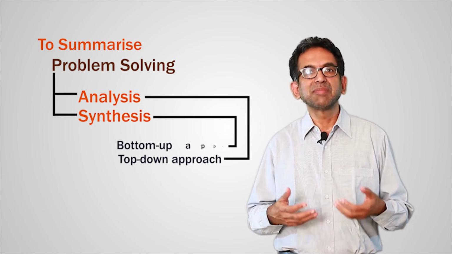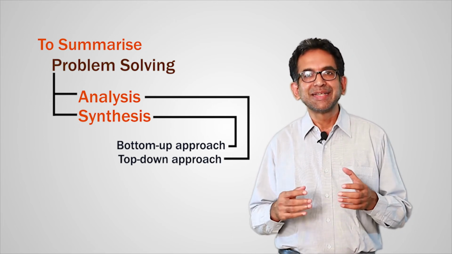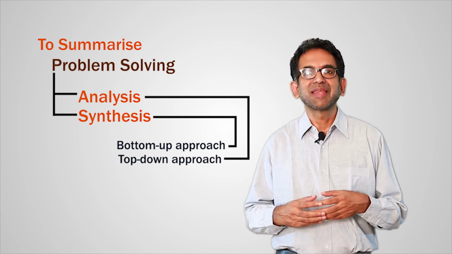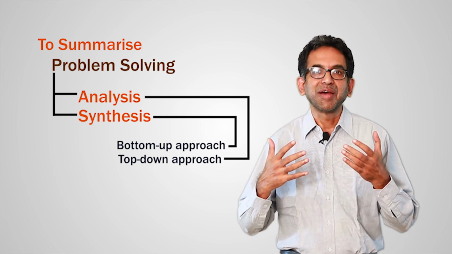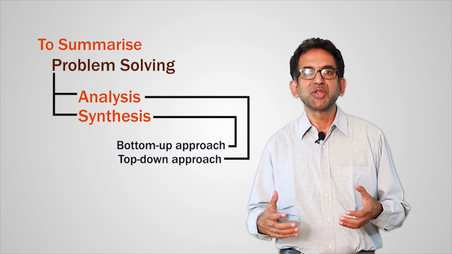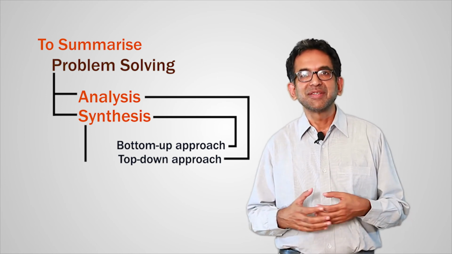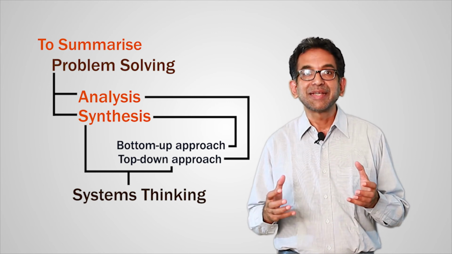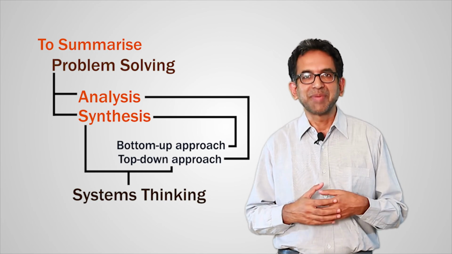Synthesis is a bottom-up approach of putting together various components, understanding the relationships and dependencies between them, between the subsystems, and also understanding the causes and effects. This helps us know the how and why of things. This approach is called system thinking, seeing what is observed as a system of interconnected and interdependent parts.